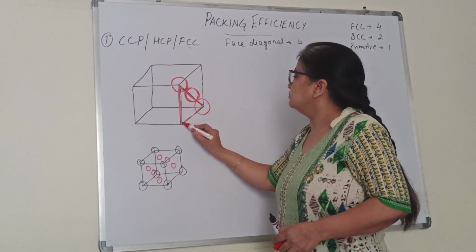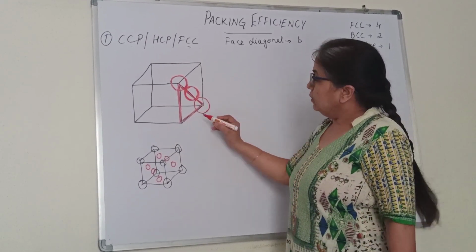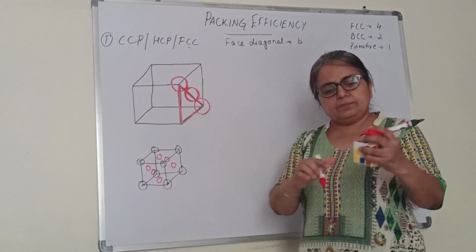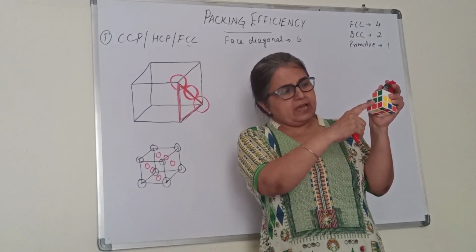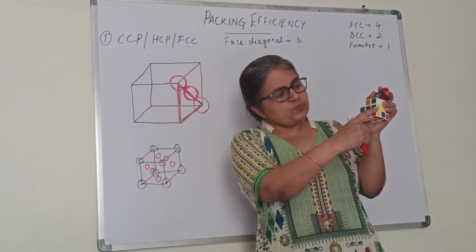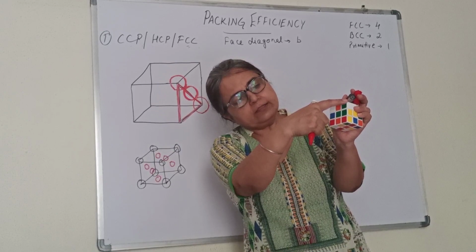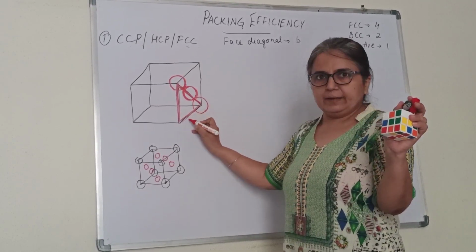Another line is this one. So we are isolating this. We know that this is of course a right angle. That means if I look here, this is the face diagonal, this part and this part. So follow, this one we have isolated. So this one is a right angle.